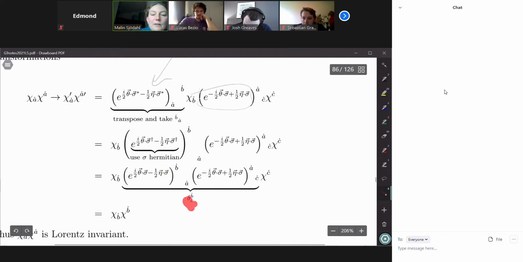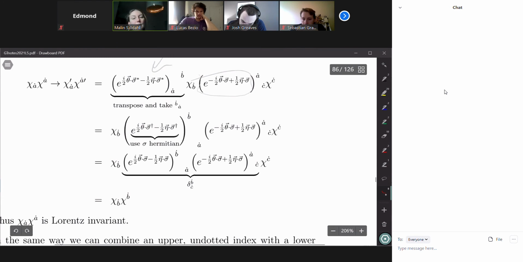So this gives us nothing but a diagonal matrix if you want to view it as a matrix, or delta b dot c dot. So in other words, I can equate that index label and that index label. So I have chi beta dot chi upper beta dot. And of course, beta dot is just the dummy summation index, which I can relabel to alpha dot, and then I am back where I started. So this thing is equal to this thing. So this is a Lorentz invariant quantity.